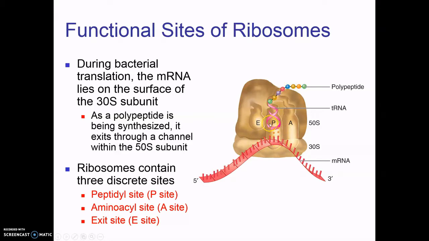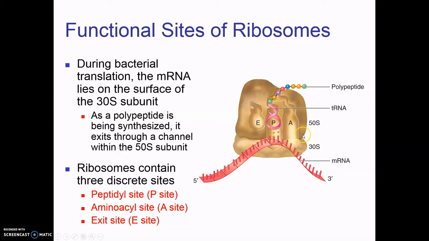You'll notice 3 distinct sites inside of the 50S subunit. We call them E for the exit site, P for the polypeptide site, and A for the aminoacyl site.